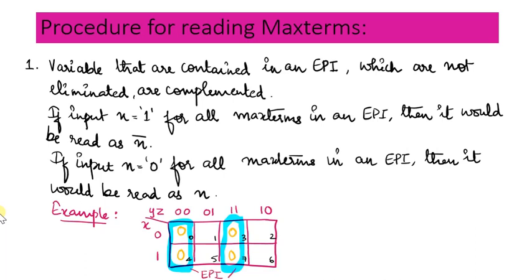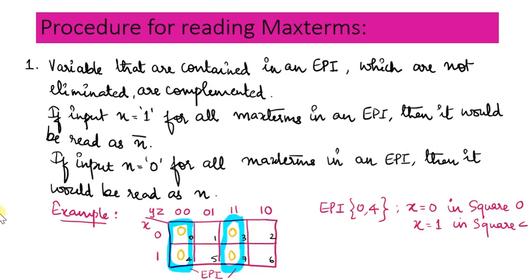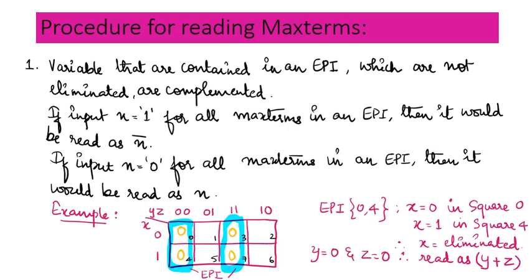So if you observe here, corresponding to the essential prime implicant 0, 4, what you see is that x is 0 and x is 1. So that forms a single group and we can eliminate x, whereas y and z are logic 0 and they will be read as y plus z.